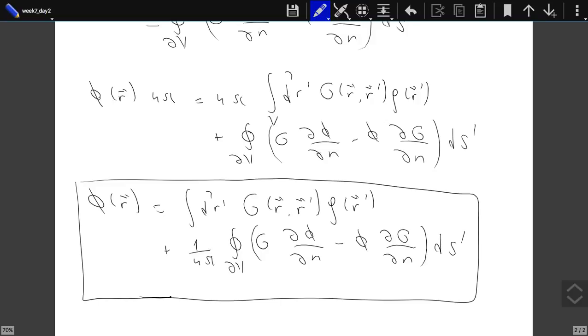So this is the solution phi. Remember, to solve for phi, we need a solution that satisfies the given boundary condition. We have to know the value of phi or its derivative at the boundary. But still we have one problem.